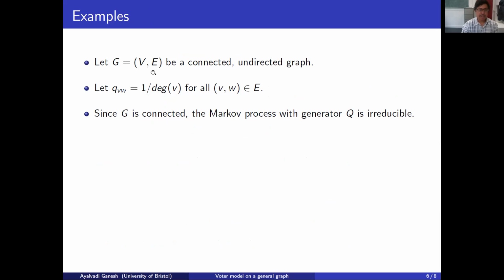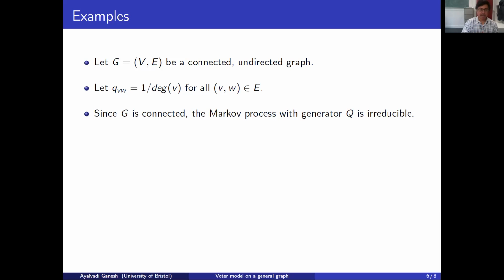So let G be a connected and undirected graph with vertex set V and edge set E, and QVW is going to be 1 over the degree of V. This choice of rates becomes very natural if you start from a node-centric model. Each node becomes active at the jump times of a rate 1 Poisson process, independent of all other nodes.